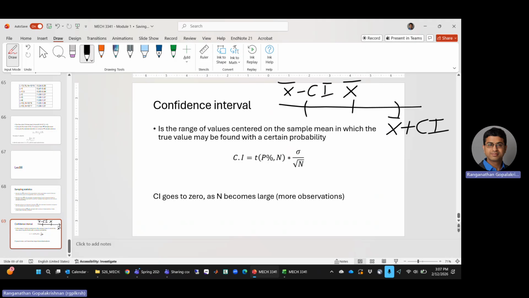The interpretation is the interval from x bar minus CI to x bar plus CI contains the true value with a certain probability. That is taken care by this p parameter about which I'll talk.